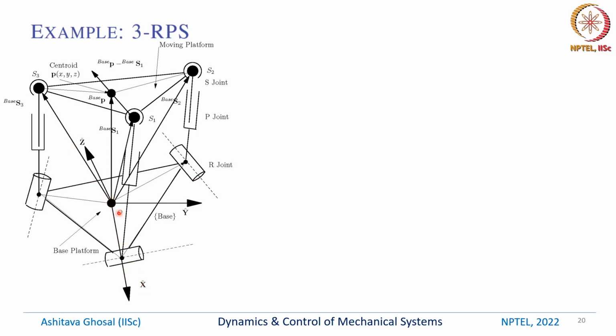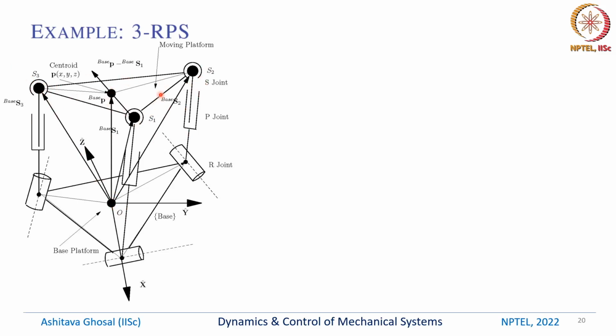The x axis is chosen such that it is going through one of the joints. Okay, so we will find out what are the degrees of freedom of this mechanism, and also the basic idea is that we want to locate these 3 spherical joints by these 3 vectors. So there is a base S1, base S2 and a base S3, which are nothing but the vectors from O to the spherical joints S1, S2 and S3.